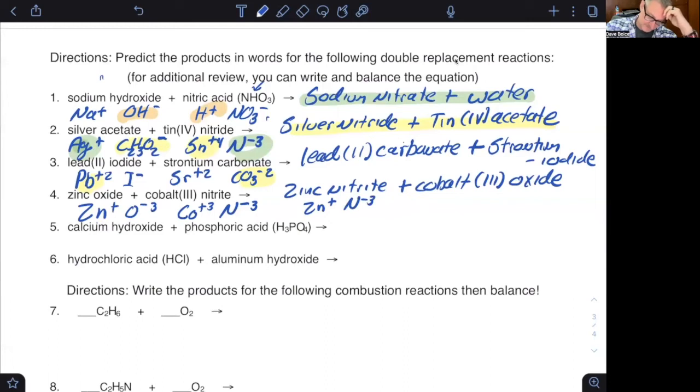Do my cross drop, it's going to be Zn3N2, and then cobalt III, Co +3. Oxide is a -3, so those can cancel each other out. But that's not what the question was asking, just kind of doing a quick review.